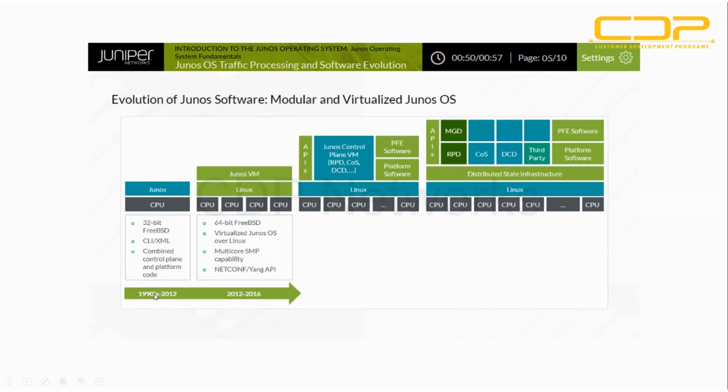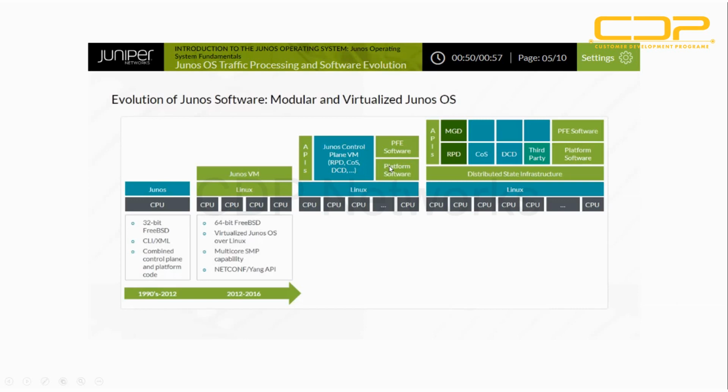This is basically the historical background of Junos OS, starting from 1990 to 2012. This was a single Junos operating system, based on hardware. No virtualized environment was deployed in this direction.